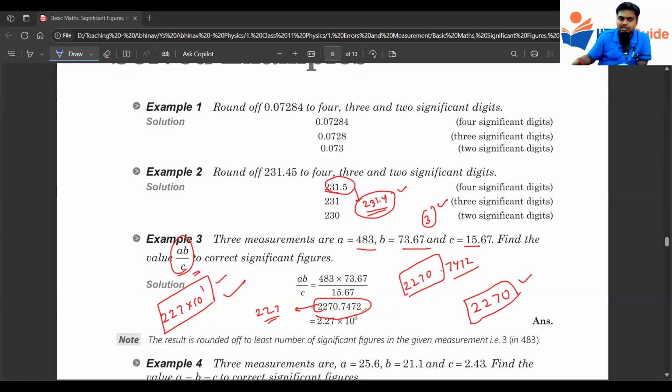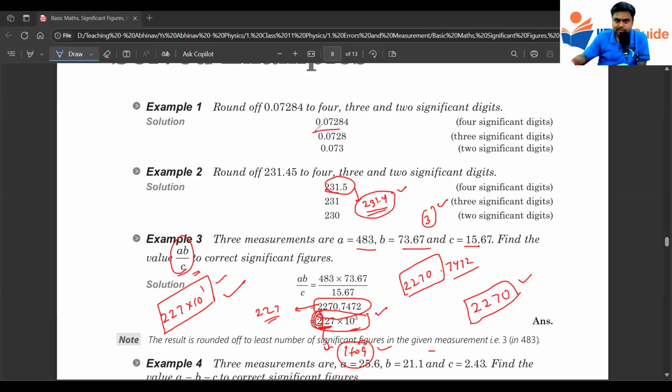However, mostly the standard format is one in which the first digit is between 1 to 9, then there is a decimal and 10 to the power something. Any number can be expressed like that.